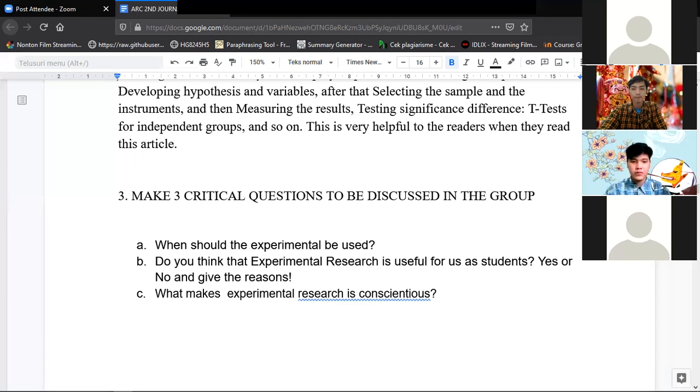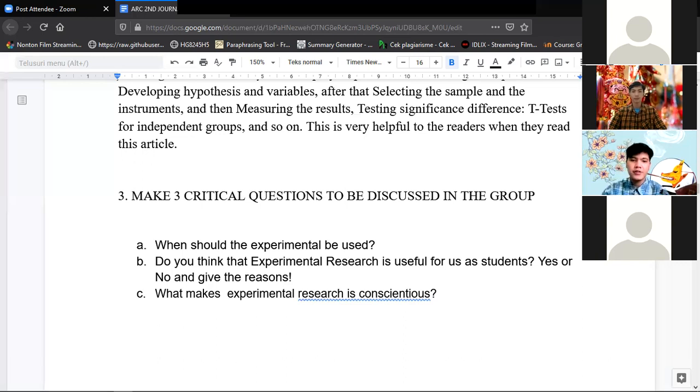I think yes, it is very useful for students to know experimental research, because students need to conduct a research, and it's based on the students' ability to use another research method.